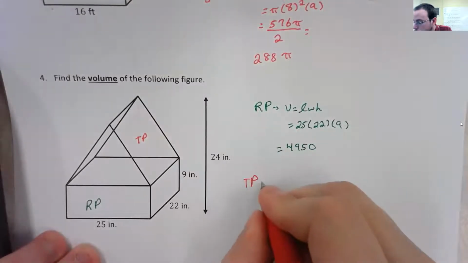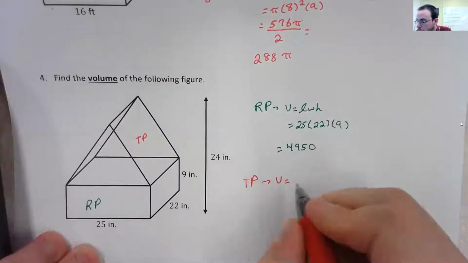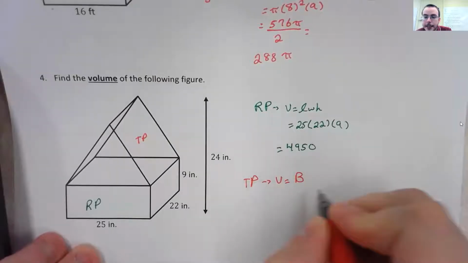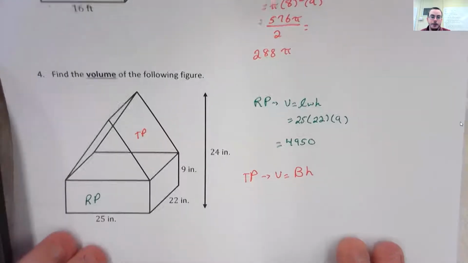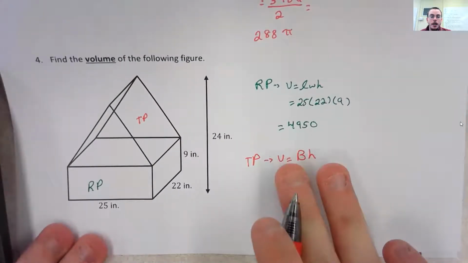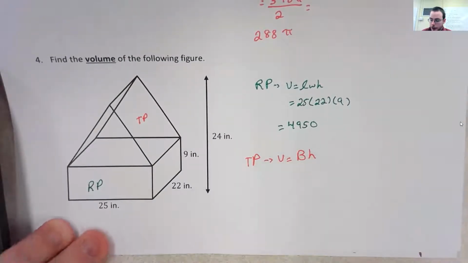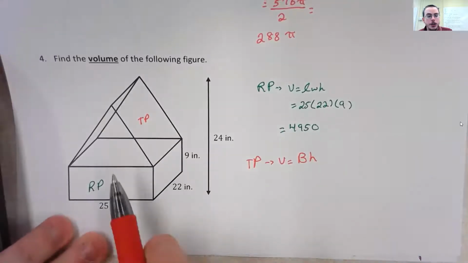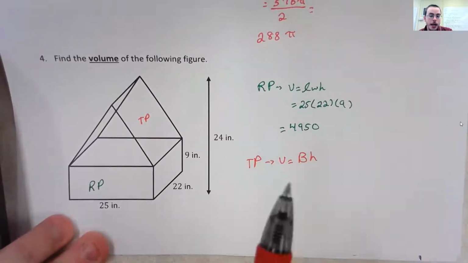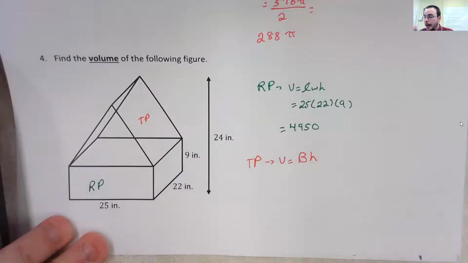So for the triangular prism, your volume is given to you by the base area, big B, times the height of the prism. Well, in order to find our base area, we have to know what shape our base is in. Well, since this is a triangular prism, the base is in the shape of a triangle.